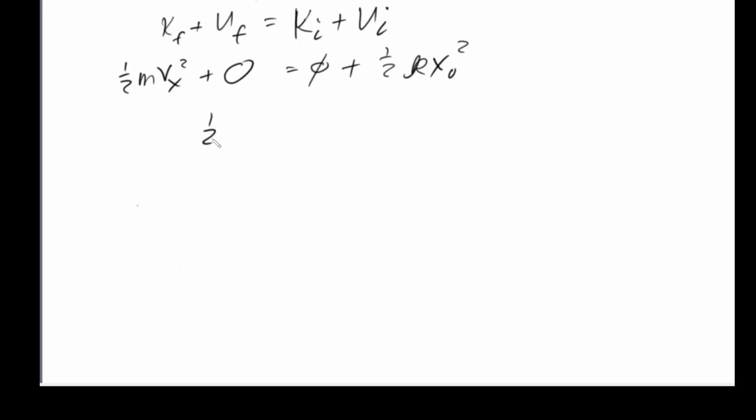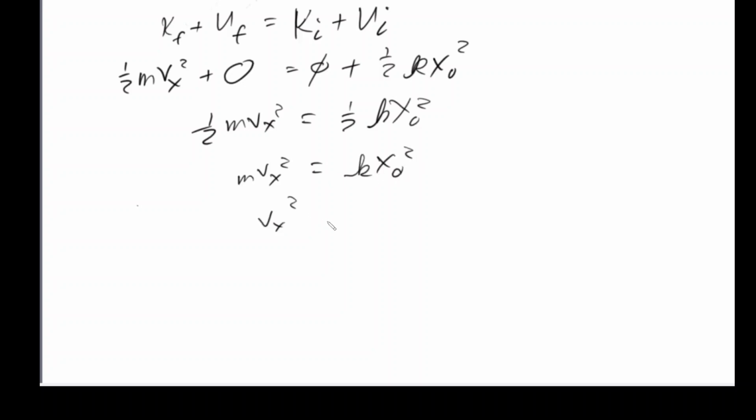So continuing the equation, 1/2 m vx squared is equal to 1/2 k x0 squared, or m vx squared is equal to k x0 squared.